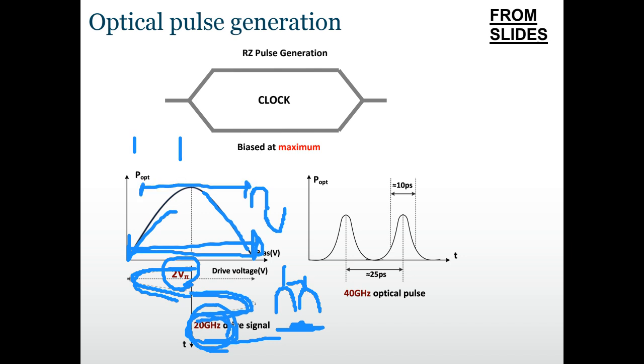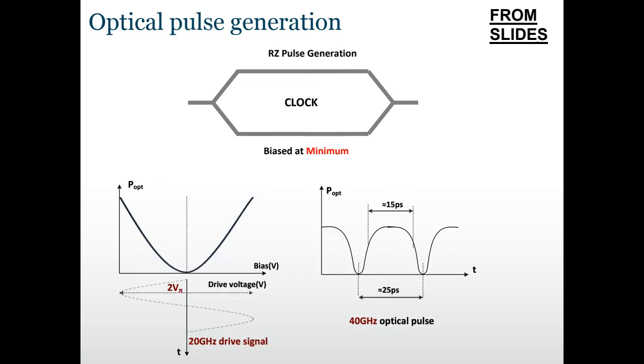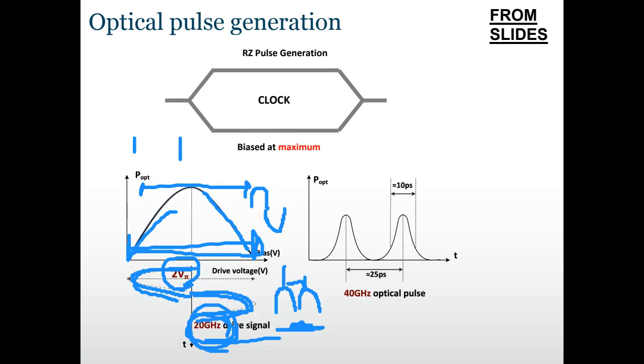So that's the clock. Once again, for the MZM, it could be a cosine function, or it could be shifted. In the previous slides, this is shifted by pi. So in the exam, whichever you choose to use is okay.